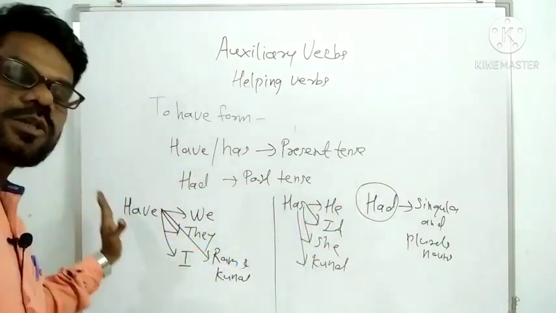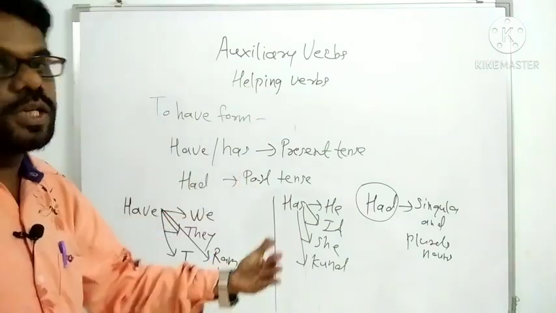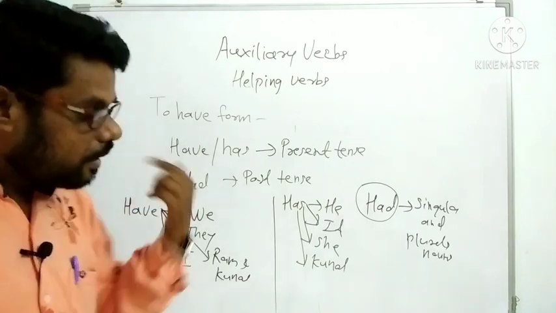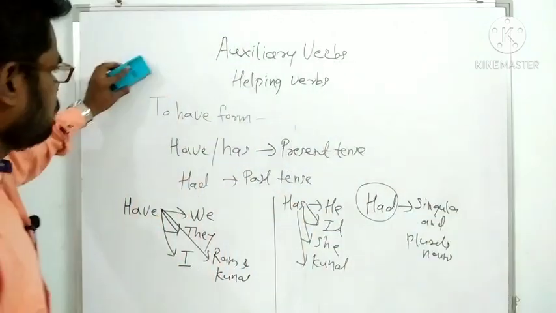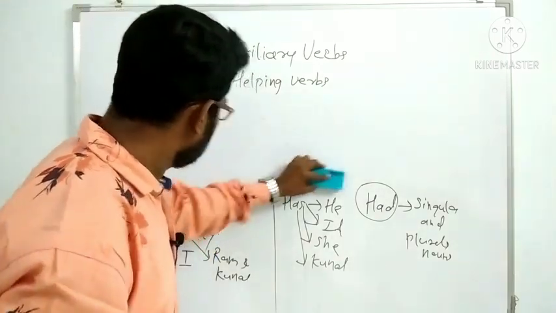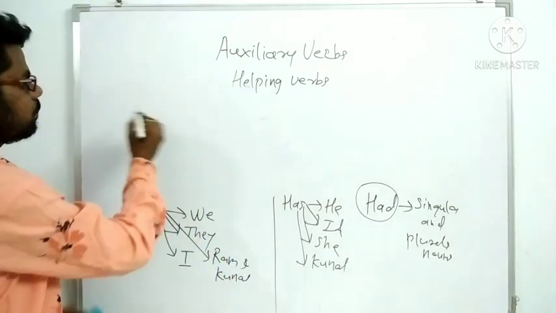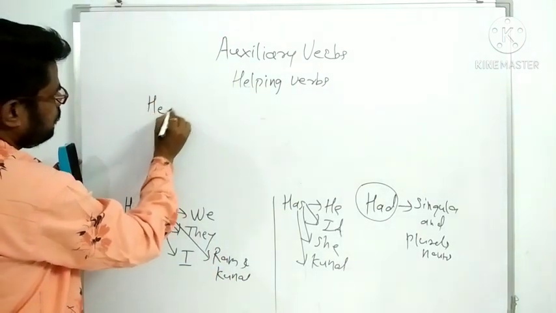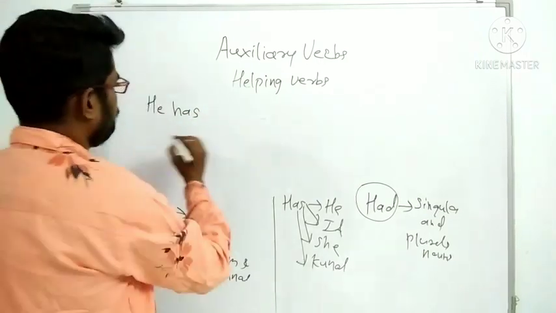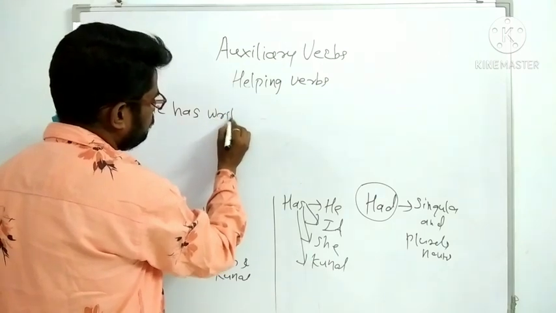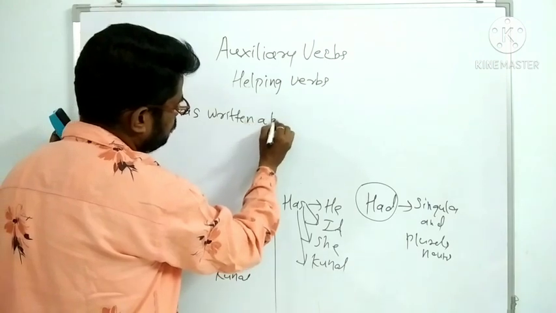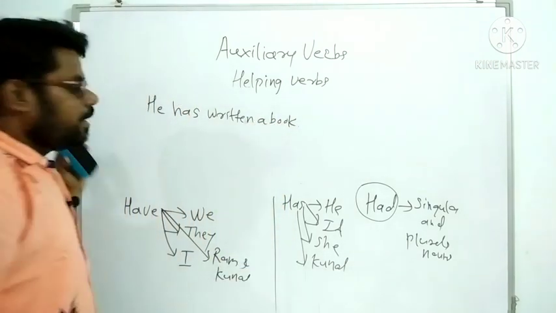All these can be used as a main verb as well as a helper verb. Let us see. See, he has written a book. He has written a book.